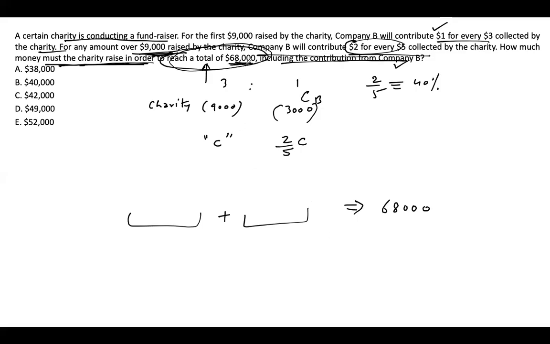The 68,000 will be equal to the contribution by company B and the charity's raised fund.